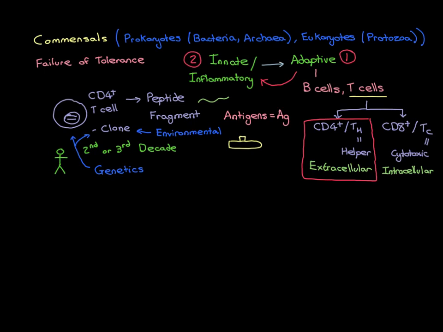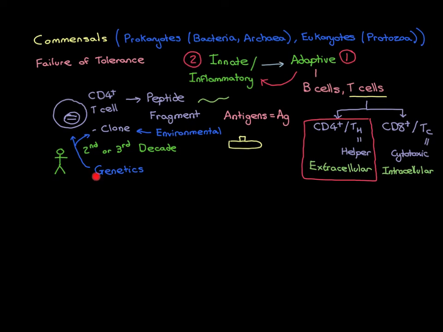If you have two non-identical twins and one of them develops inflammatory bowel disease, the other has a much lower chance than they would if they were identical twins. So genetics does play a role, and we think it's many genes that will influence which clones of CD4 positive T cells you actually end up producing.